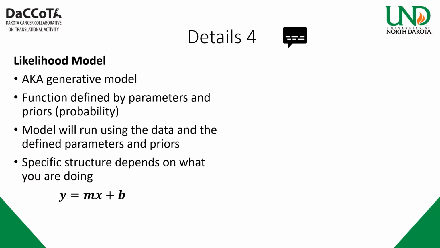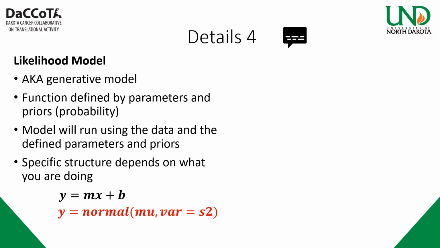You can think of models as functions, or as equations. A very common equation is y equals mx plus b, where m is the slope and b is the intercept. What a likelihood model looks like is more like this, where y is normally distributed with mu as our mean and variance sigma squared.